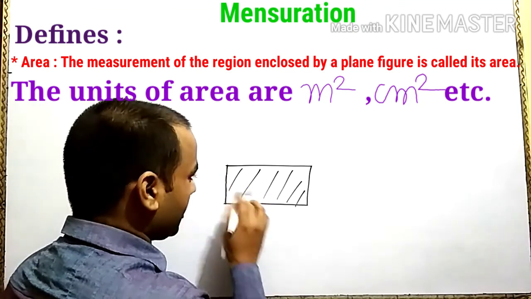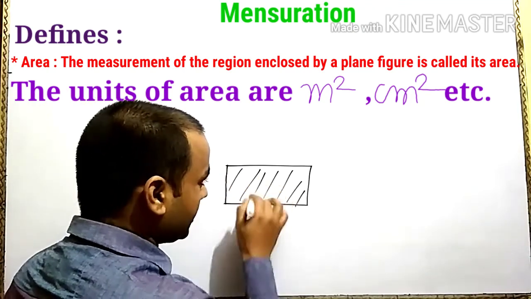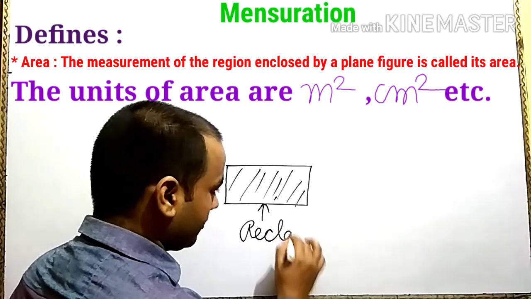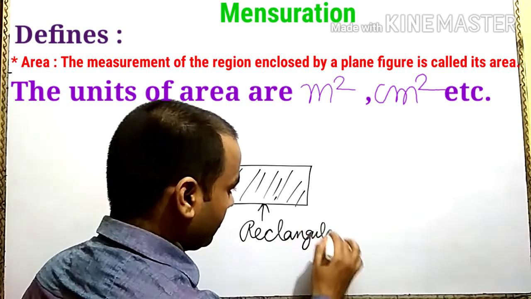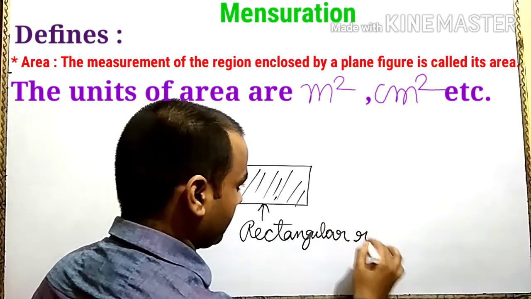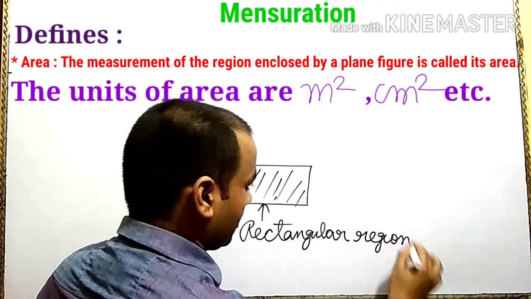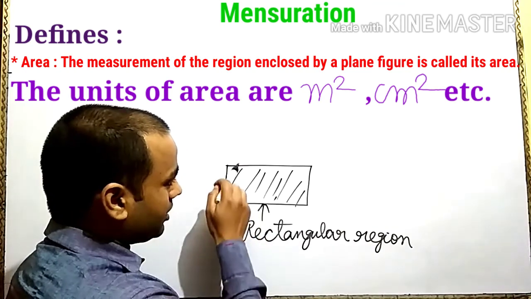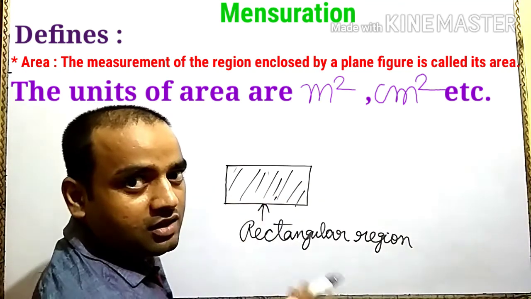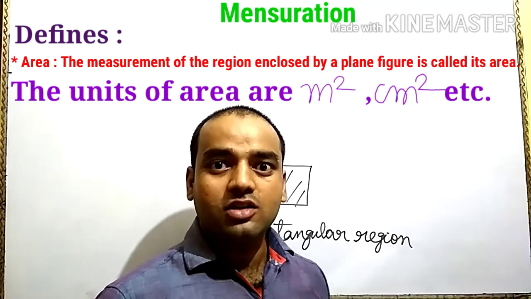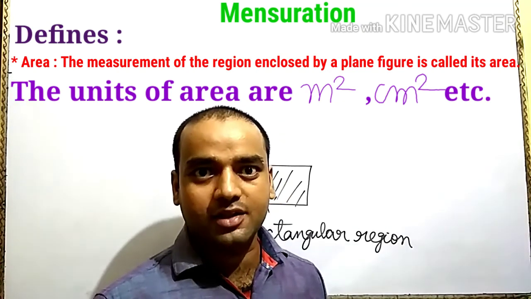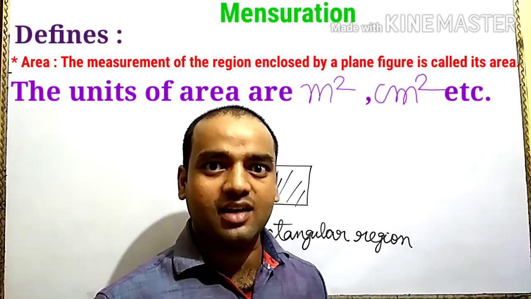The plane figure together with interior is called rectangular region. The measurement of rectangular region is called area. Is it clear? And the units of area are square meter, square centimeter, etc.